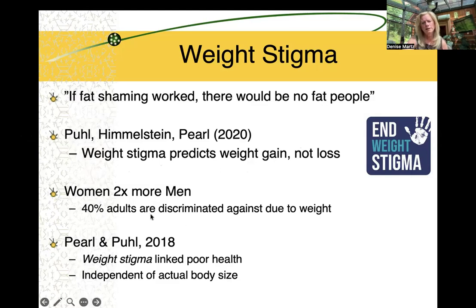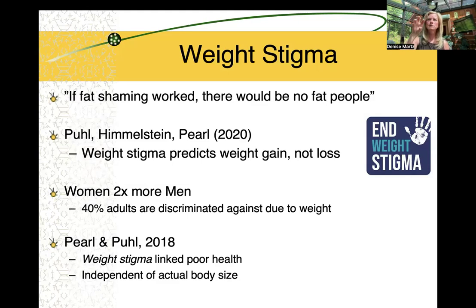And we know that about 40% of adults are discriminated against due to their weight, but you see the discrimination being much higher in women than we see it being in men. And that we even know is a predictor of socioeconomic status for women. As an example, it's harder for fat women compared to fat men to be hired in a job. You see fat women tend to have less higher education than leaner women or fat men.